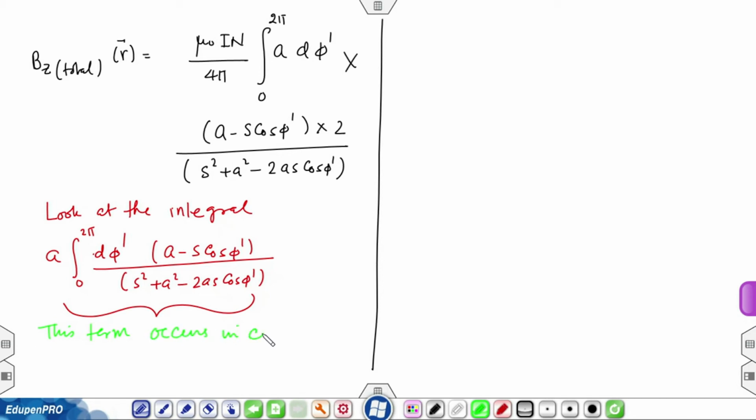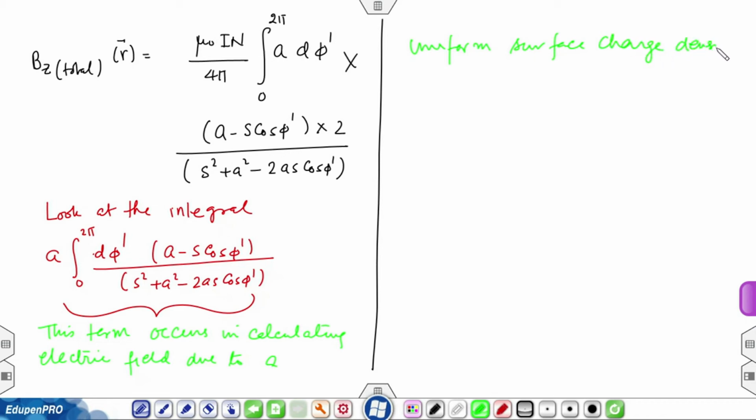in calculating the electric field due to a uniform surface charge density carrying cylindrical shell.